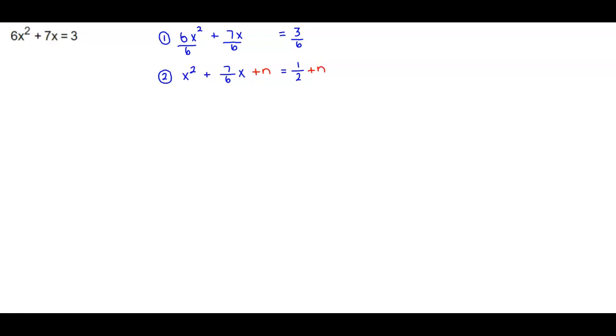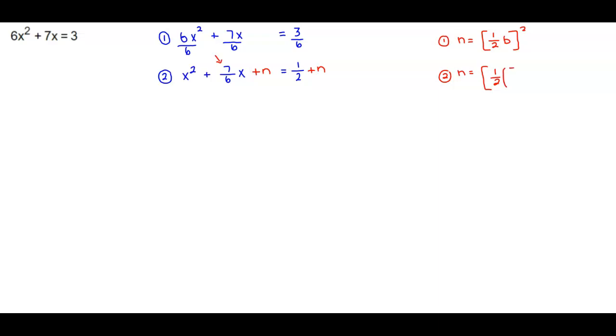Now we're going to add n to both sides so we can complete the square. Now n is going to equal 1/2 of b, and then we're going to square it. So what is 1/2 of b? We first need to determine what b is from our problem. We have 1/2, and b is 7 over 6.